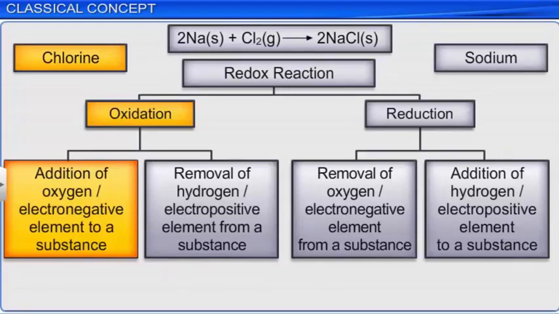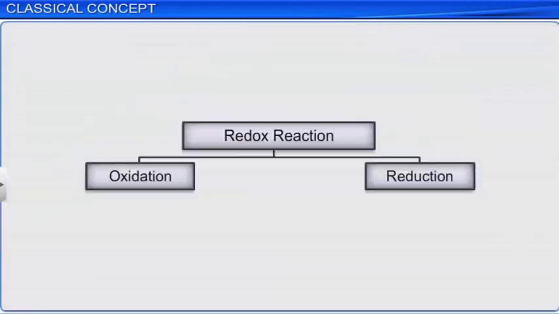Simultaneously, chlorine is reduced because of the addition of an electropositive element, sodium. This proves that in a redox reaction, oxidation and reduction occur simultaneously.